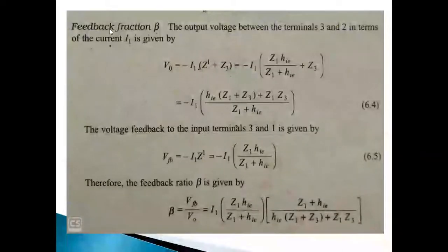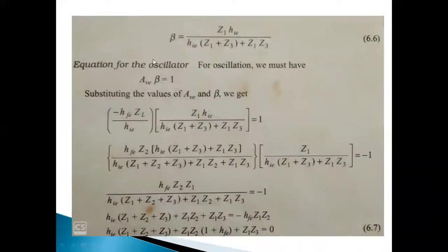Similarly find beta. Beta depends on VF and V0, so we find V0 and VF, and substitute them. We have beta and A. In order to satisfy the Barkhausen criterion, the product should be equal to 1, so A beta equal to 1. Substituting A and beta values and simplifying, we have the general form equation for any LC oscillator.